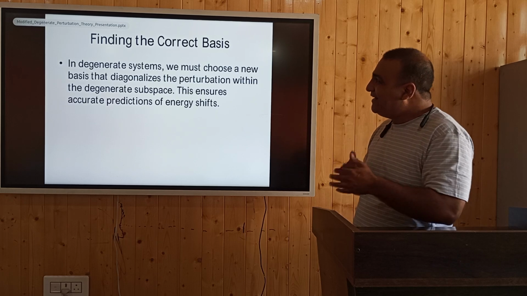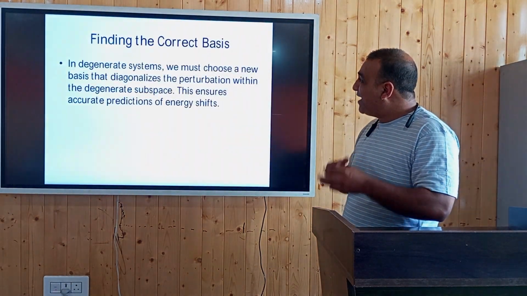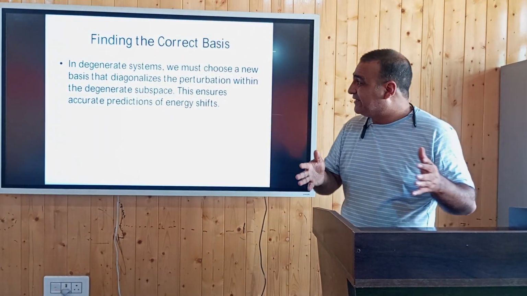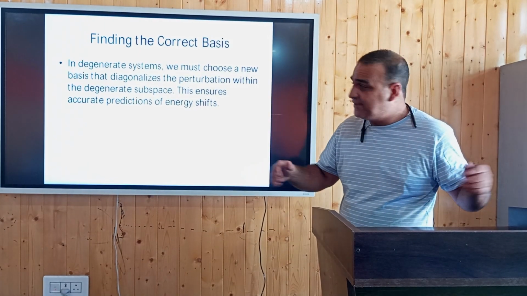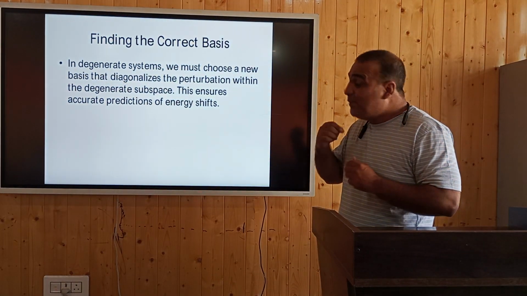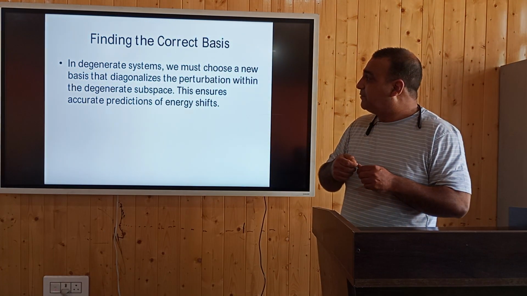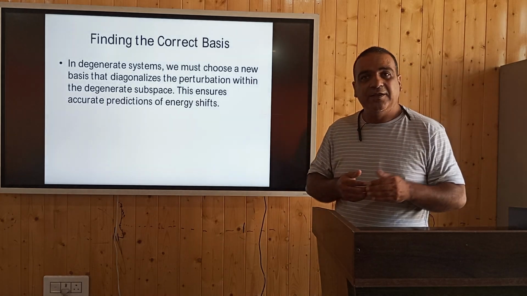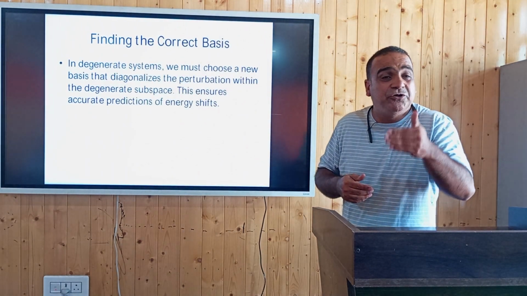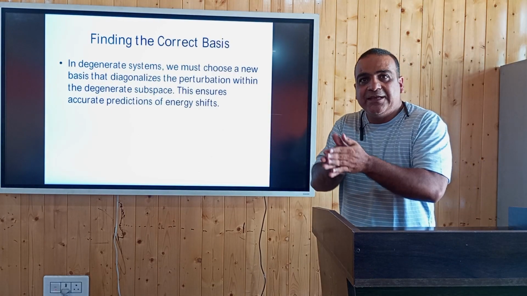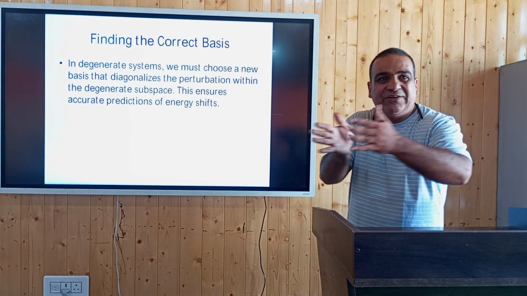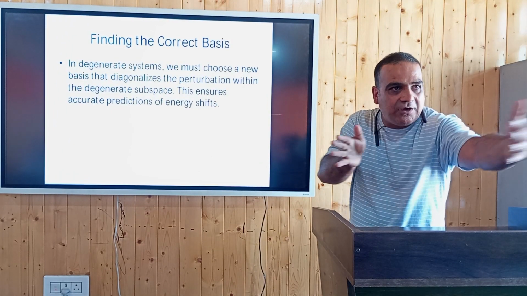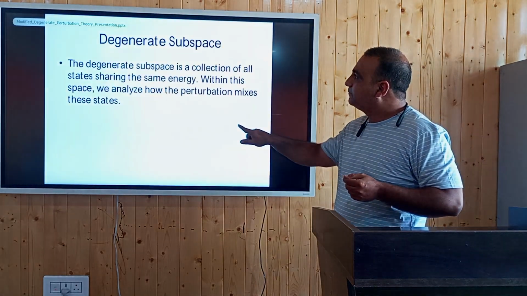So in a degenerate system, we must choose a new basis, then diagonalize the perturbation within the degenerate states. This ensures accurate prediction of the energy shift. Then you introduce the perturbation, and you see how discrete energy levels naturally come out of your system.